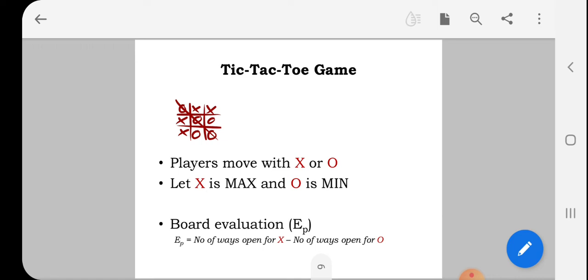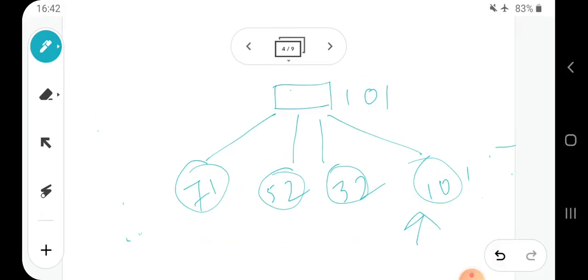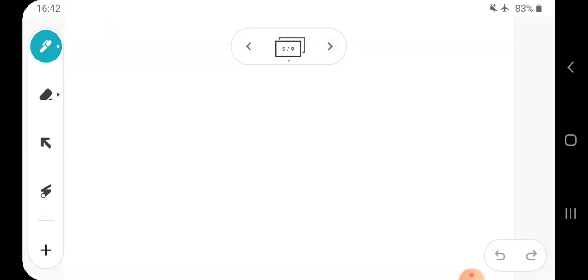Let us assume the cross symbol is the maximizing player and the circle symbol is the minimizing player. Whenever we start the game, it follows a different strategy in order to evaluate the conditions of the board.